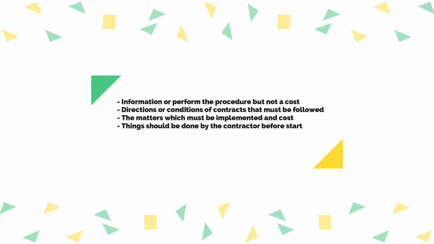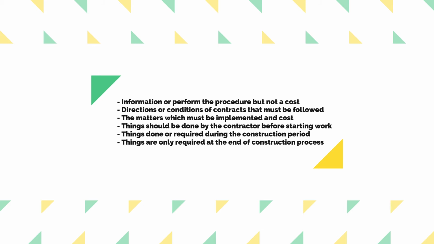Next is the preliminaries, also known as general items under CESMM. These sections contain the definition of the scope of work. Its initial words are integral parts that explain things that are not measured in the list of quantities or indicated in the tender but need to be implemented to facilitate the operation of the project.